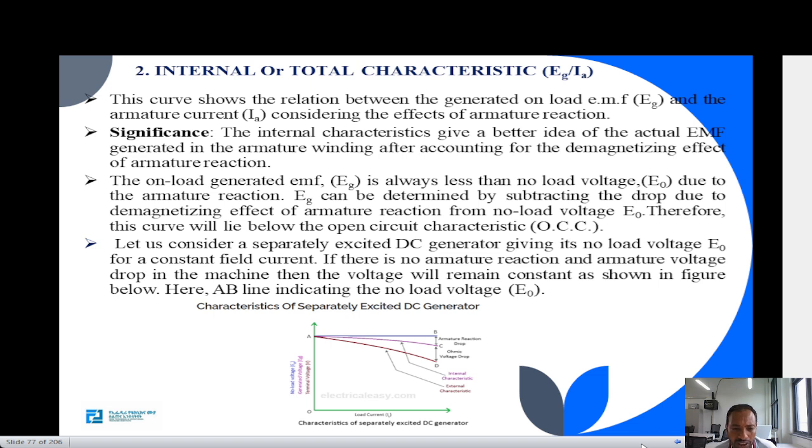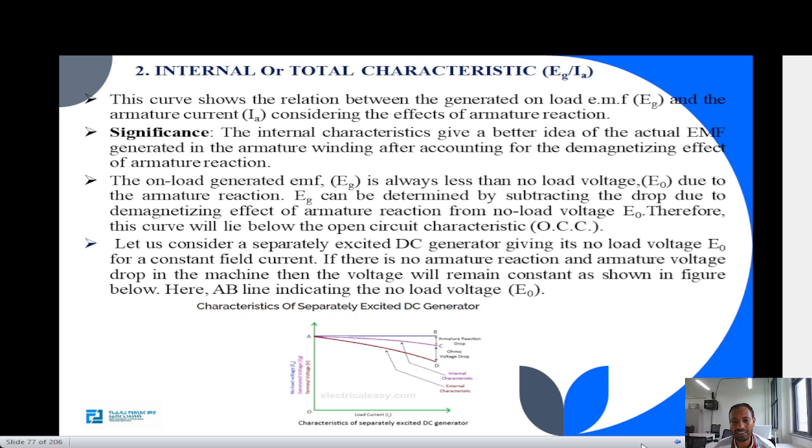The significance of knowing this curve is that the internal characteristics give you a better idea of the actual EMF generated in the armature winding after accounting for the demagnetization effect of the armature reaction. So by considering the armature reaction, how much voltage can be generated from our generator is known from this total characteristic curve.